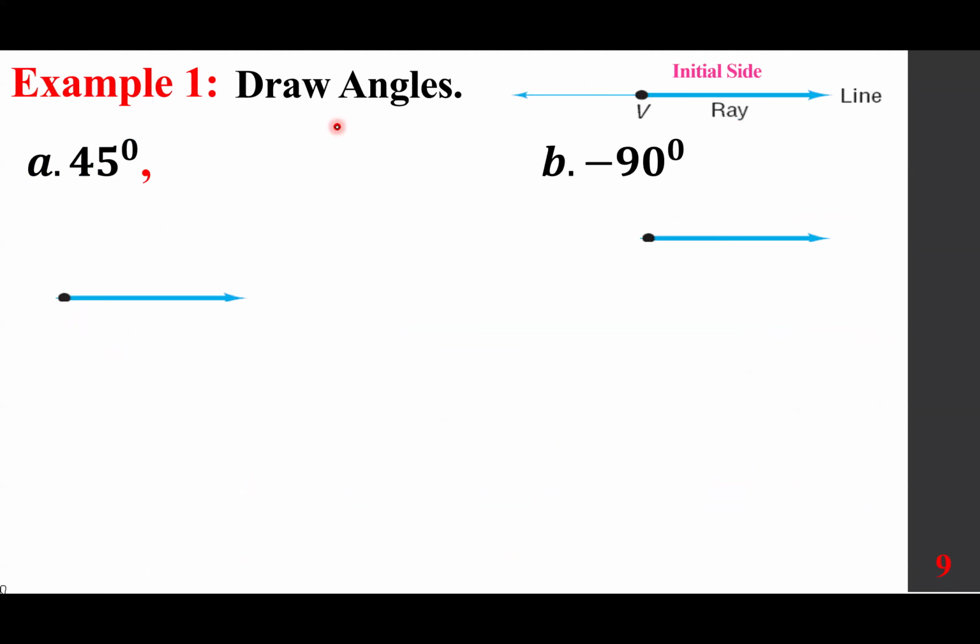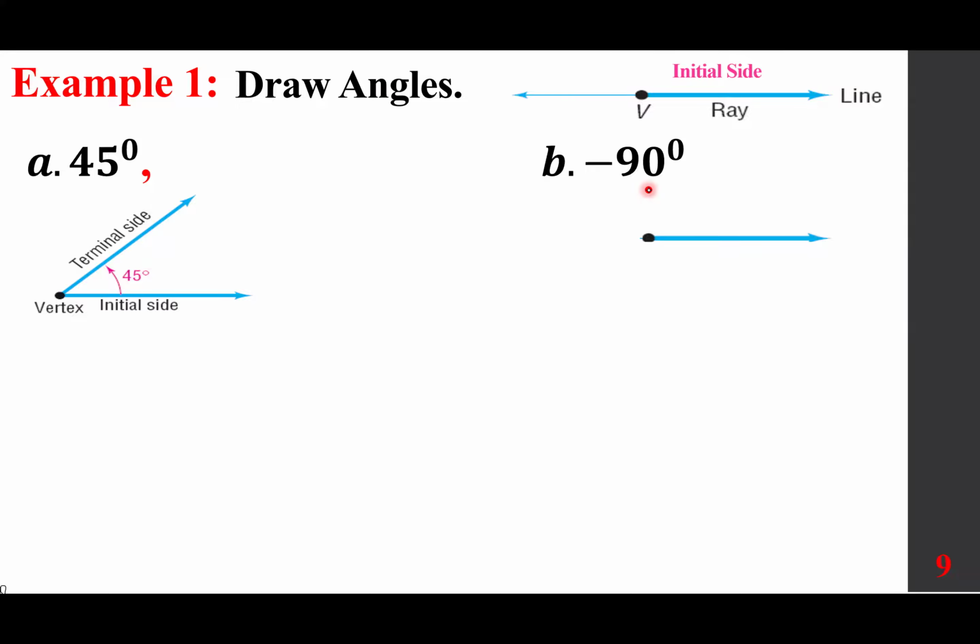All right, let's draw some angles. Remember, this is the initial side, this is the ray, and we want to go with a 45-degree angle. We go counterclockwise 45 degrees, and it gives us the initial side, the vertex, the terminal side, 45 degrees.